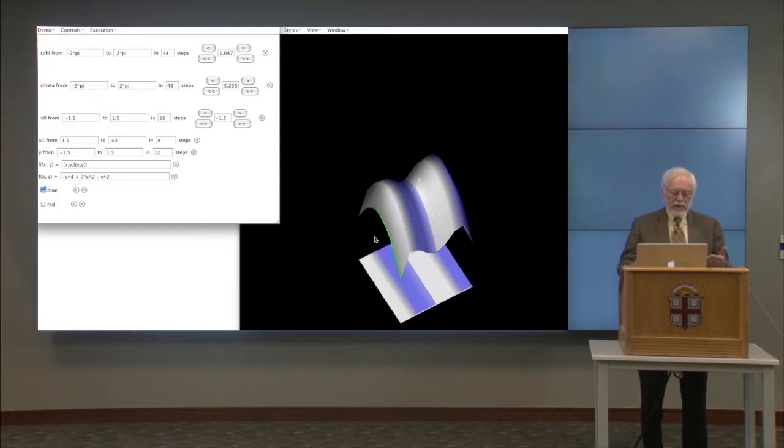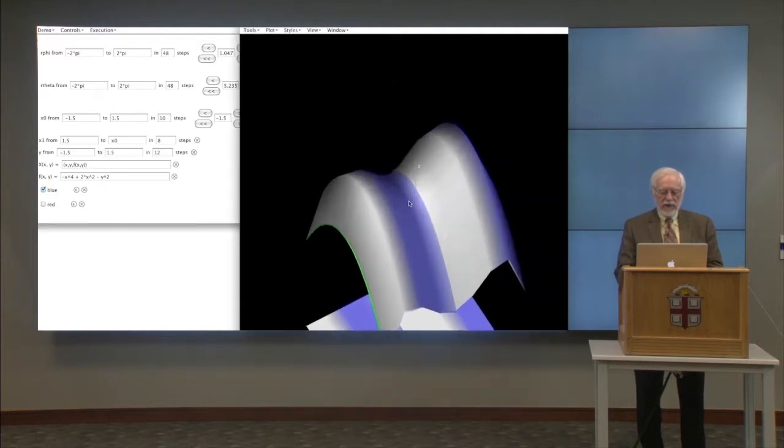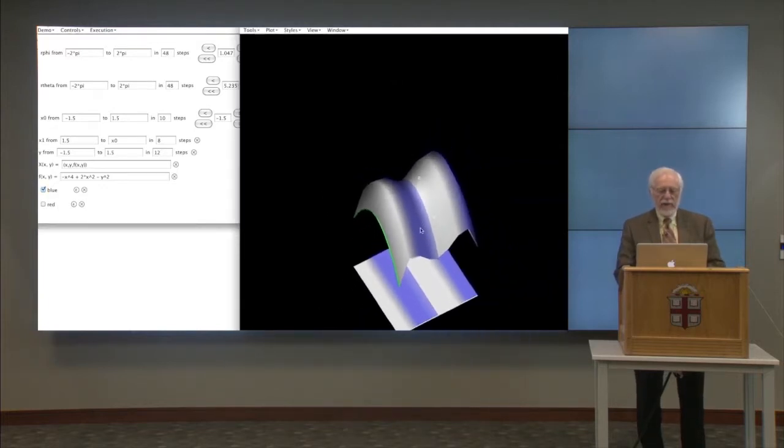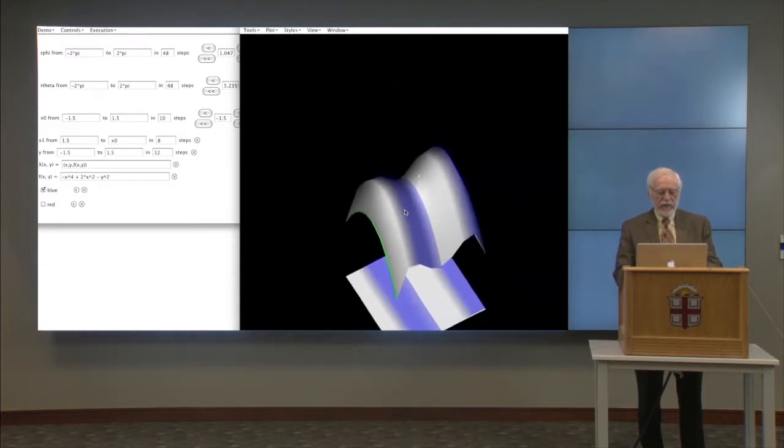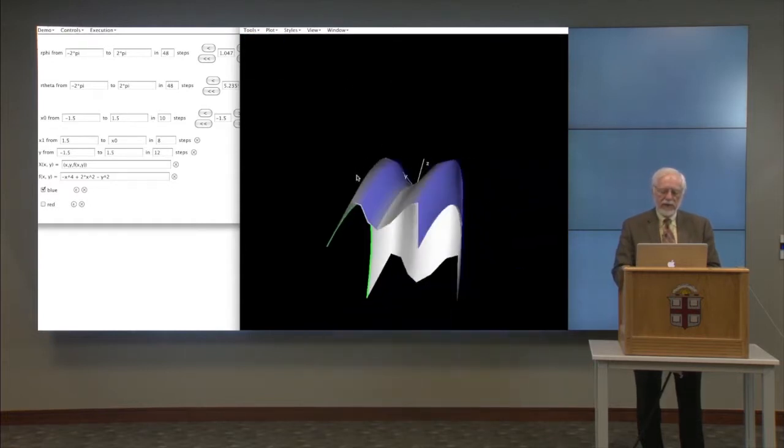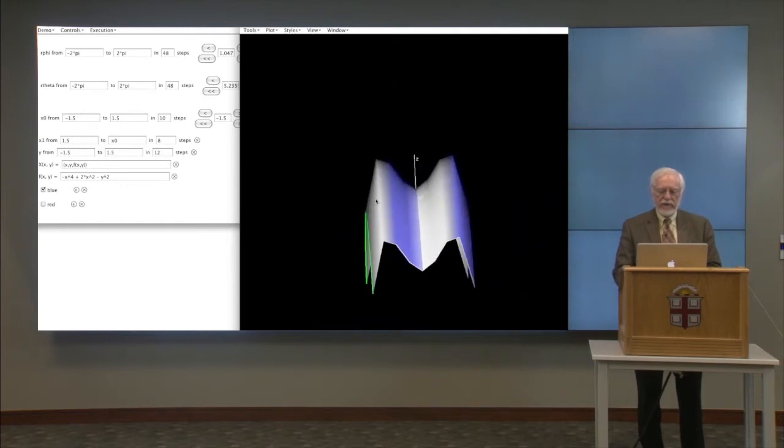So again, each slice of this is colored just the way we colored things previously in one variable calculus. So we're combining all our experience of one variable calculus together to study an object here, which is a graph that itself can be rotated and looked at in different ways. And as we rotate it, we can move it so that we can take a look straight down at one of the variables.